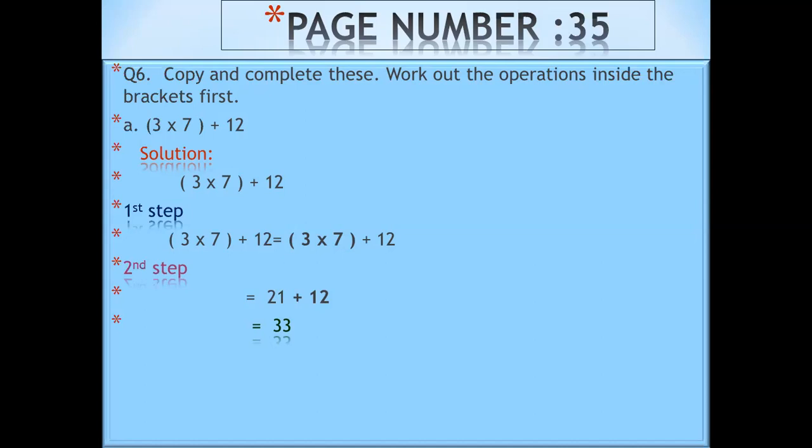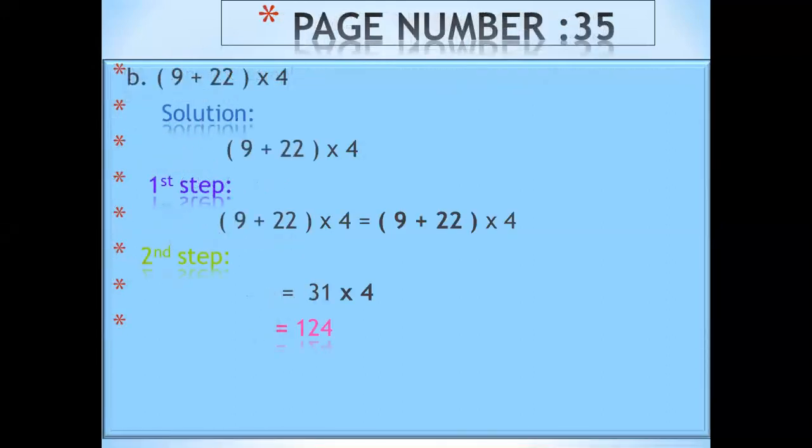When we simplify the bracket, 3 multiplied by 7 is 21, and 21 plus 12 is 33, which is our required answer. Now come to the next part, part B.